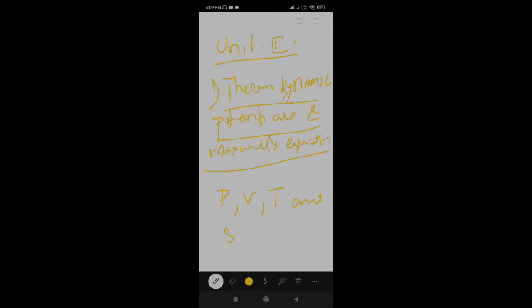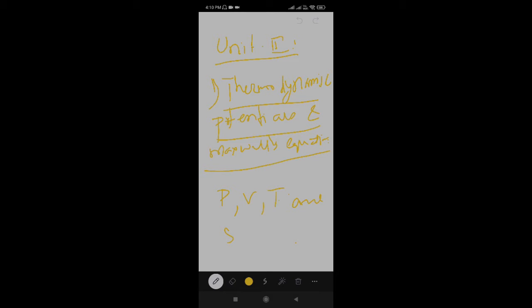If you consider any two from these four variables, they are independent. You can form the set of any two such parameters as independent variables. The rest of the two variables will be the dependent functions.